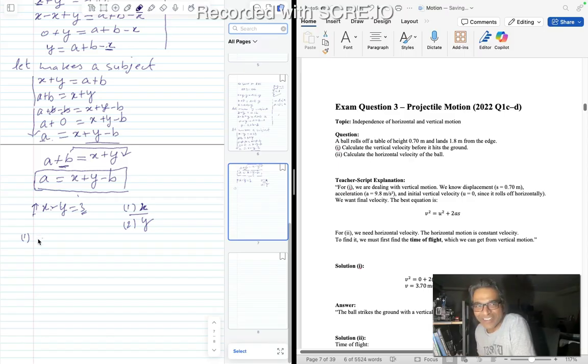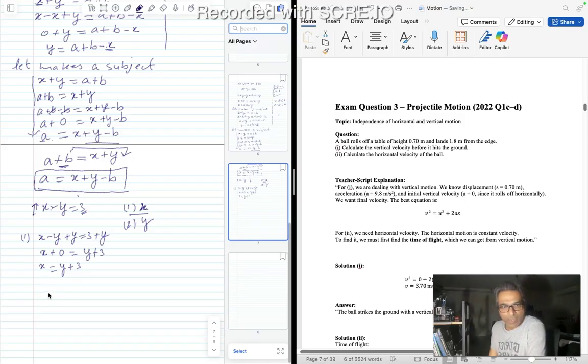Now you are getting something. Okay, x minus y is there. Now I have to add y on this side, 3 plus y, right? So this becomes 0, x plus 0 equals y plus 3, right? I can interchange here. So that will make x equals y plus 3. Okay.